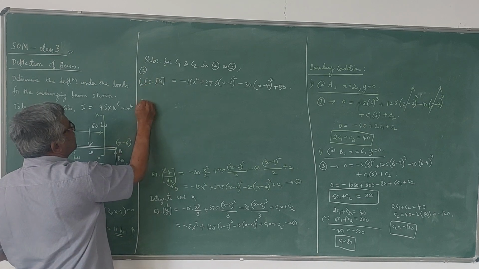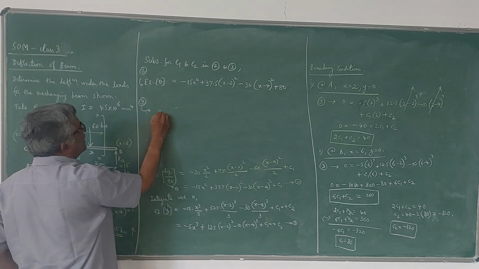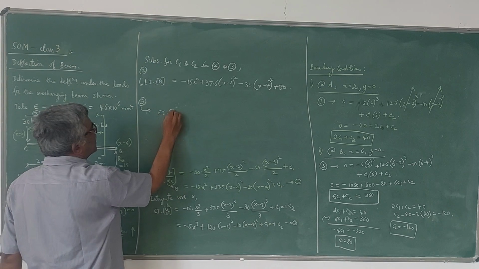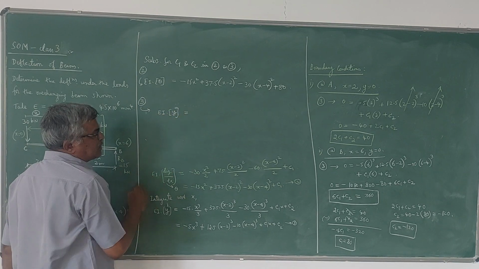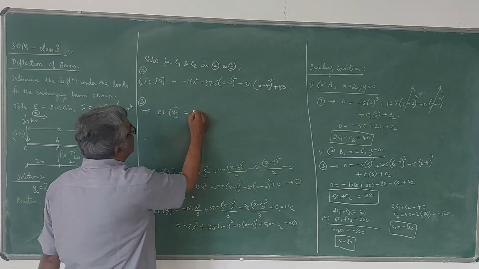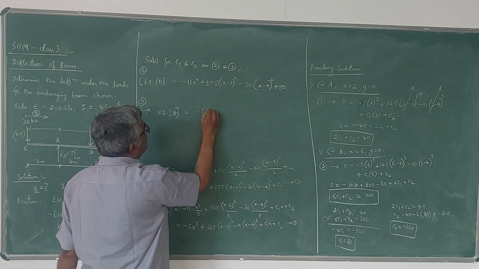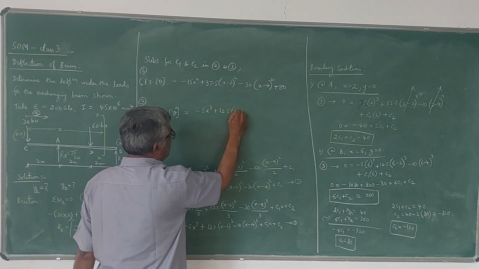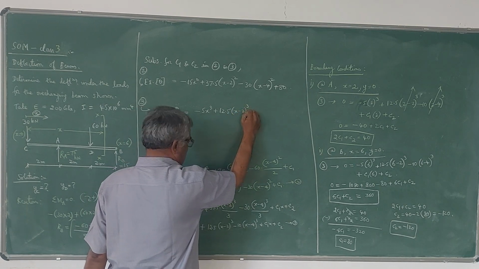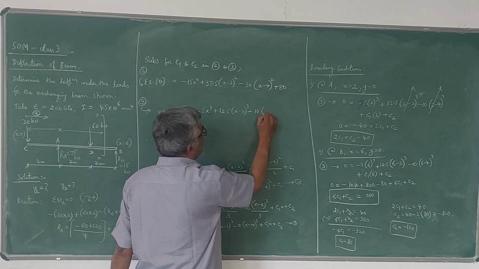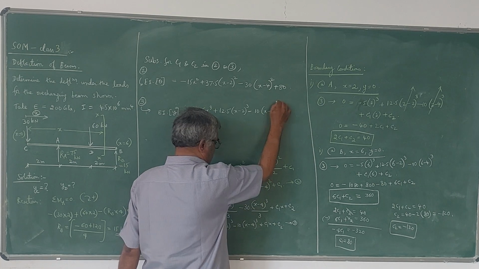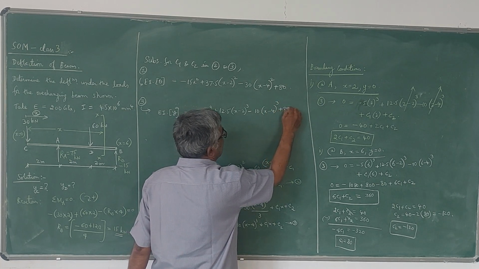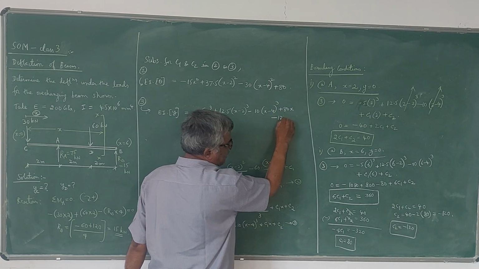If you substitute for C1, C2 in equation 3, you will get EI into y, the deflection equation, which is minus 5x cube plus 12.5 into x minus 2 whole cube minus 10 into x minus 4 whole cube plus 80x minus 120.